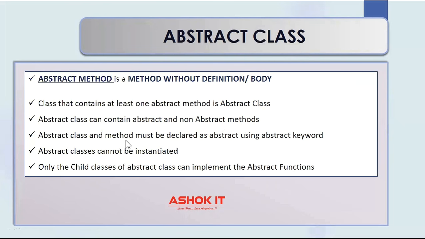Abstract class and method must be declared as abstract using the abstract keyword, and abstract classes cannot be instantiated, that is, we cannot create objects for abstract classes. We can access the abstract class members only through the child classes. So only child classes of an abstract class can implement the abstract functions.